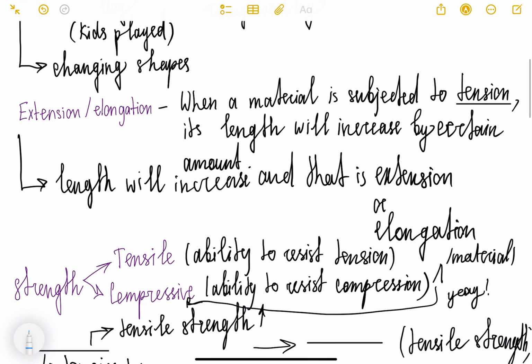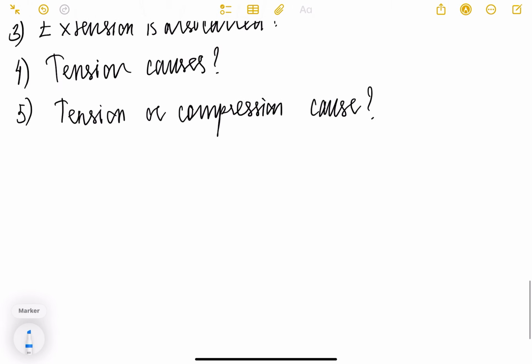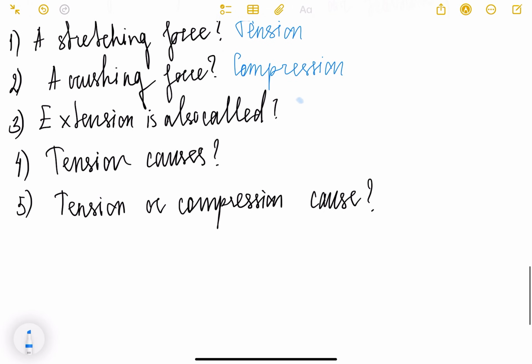There are two words, right? Extension. In the question it was a blank, and we have to write elongation in the blank. So extension is also called elongation.